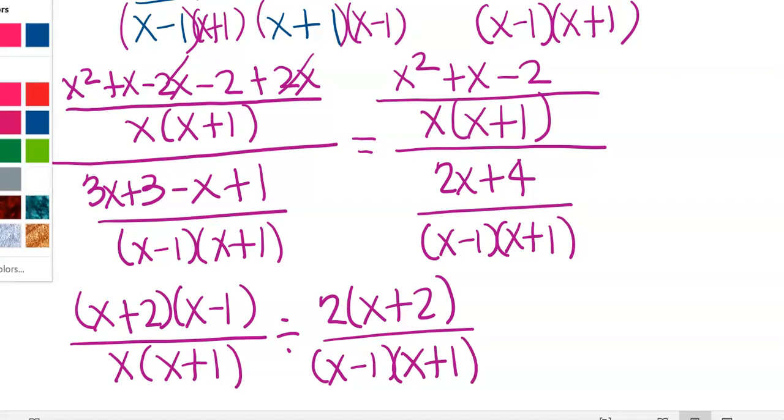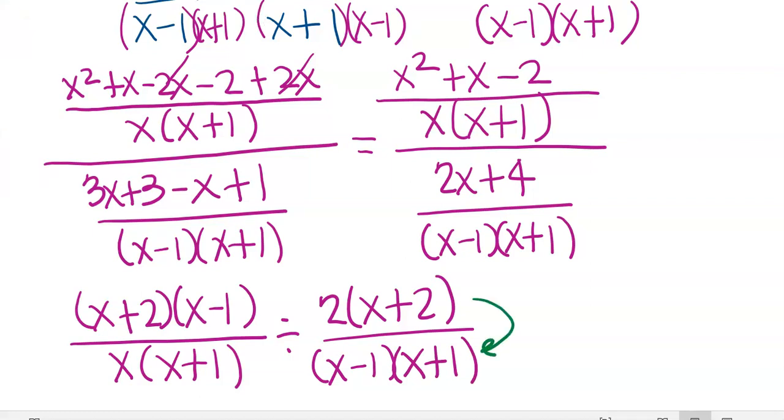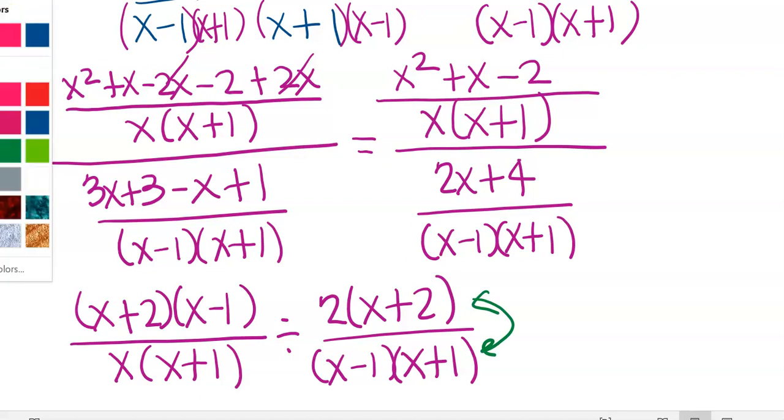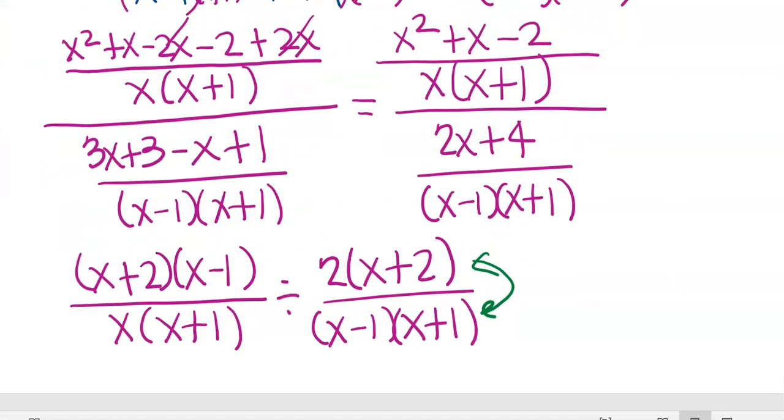Remember, we're going to multiply by the reciprocal, so we need to flip this one over. Ran out of room here, so I'm going to write a little bit smaller here.